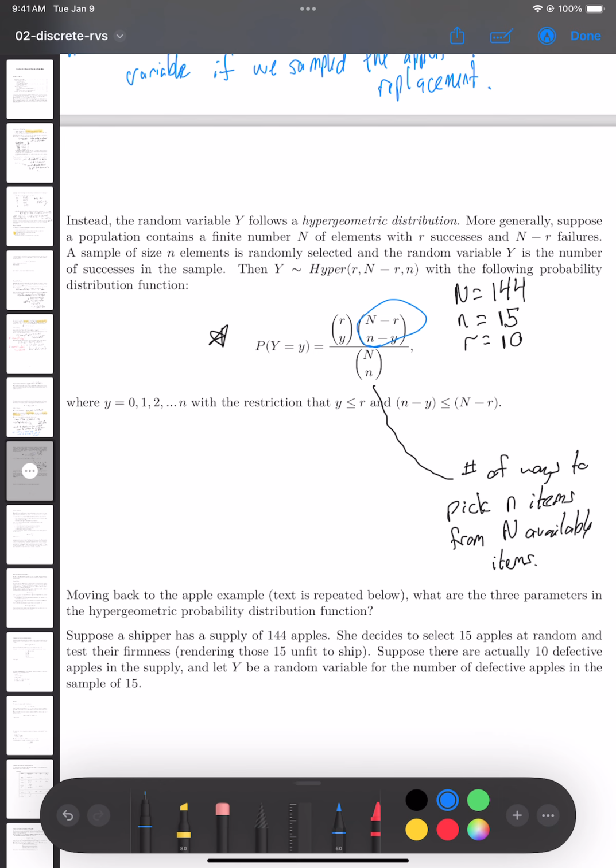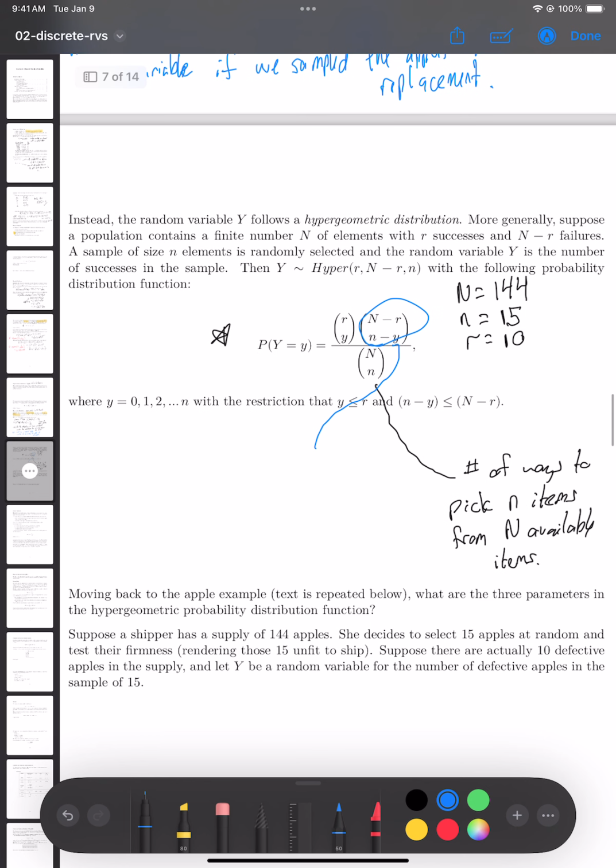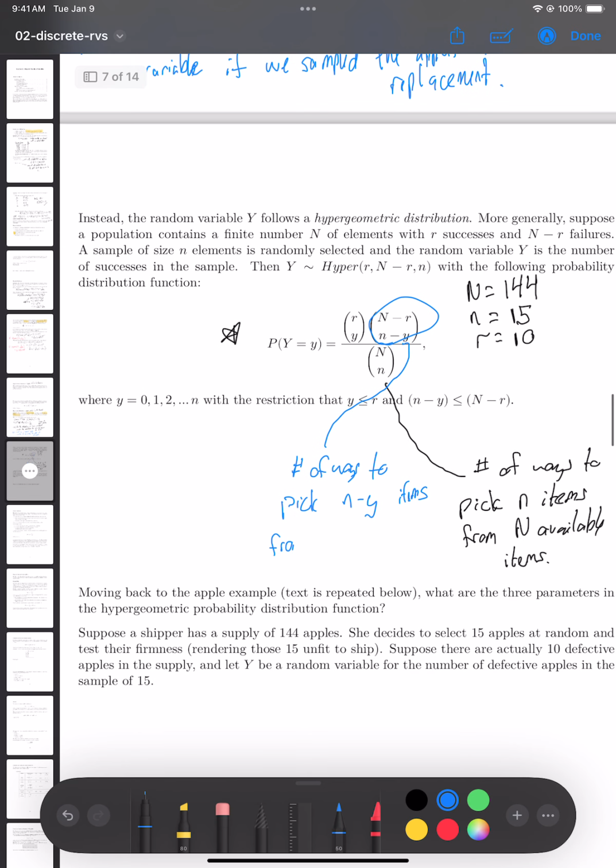This piece on the right that I have just circled, that top part is the number of ways to pick lowercase n minus y items from the capital N minus r failures.